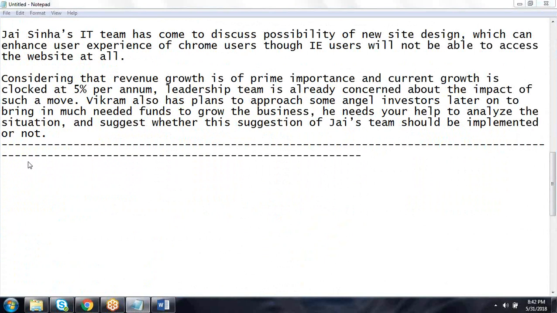So revenue growth is a problem. And what is your problem statement over here?